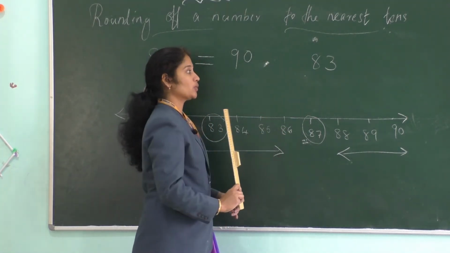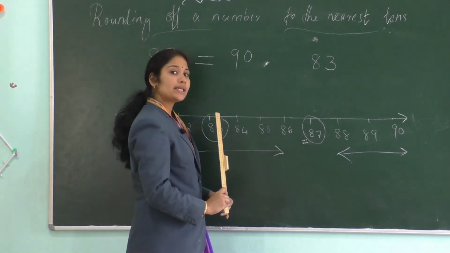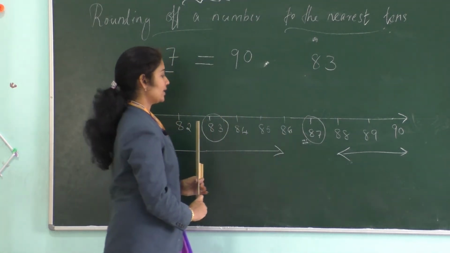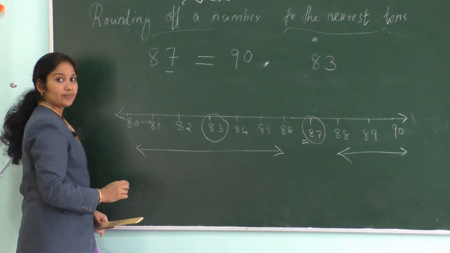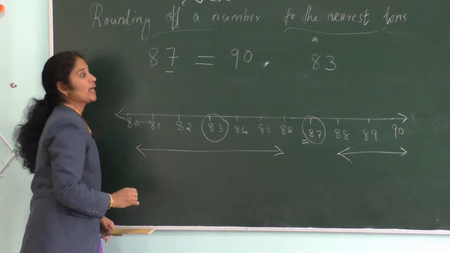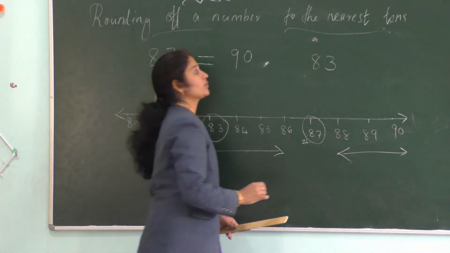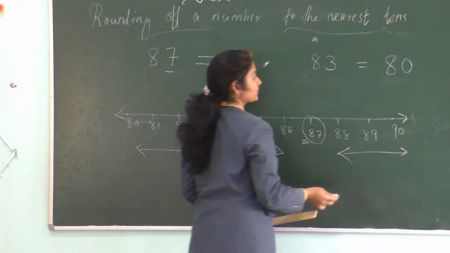As per rule 2, we round down the number to the nearest tens. In this, 83 is nearest to 80 or 90? Yes, nearest to 80. 83 rounded off will be 80.